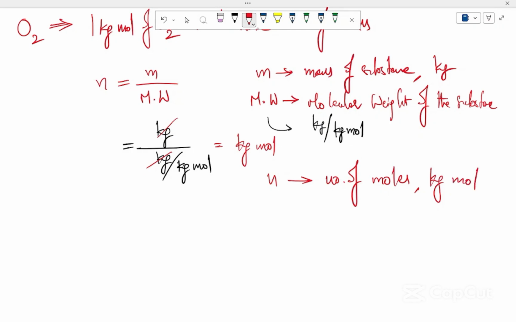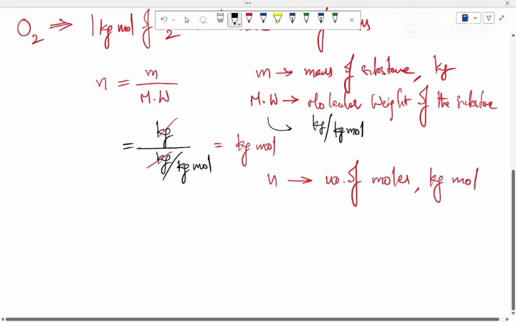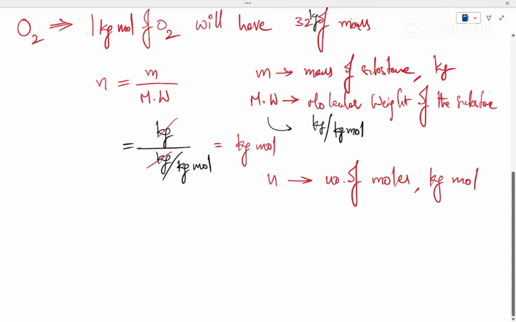So that is N here. So how does this relate to your oxygen? 1 kg mole of oxygen has 32 kg of mass.